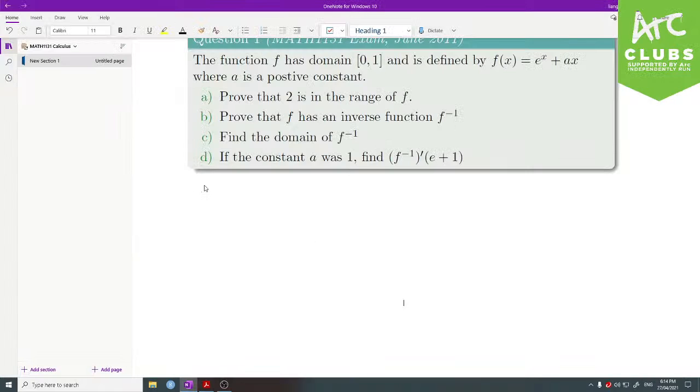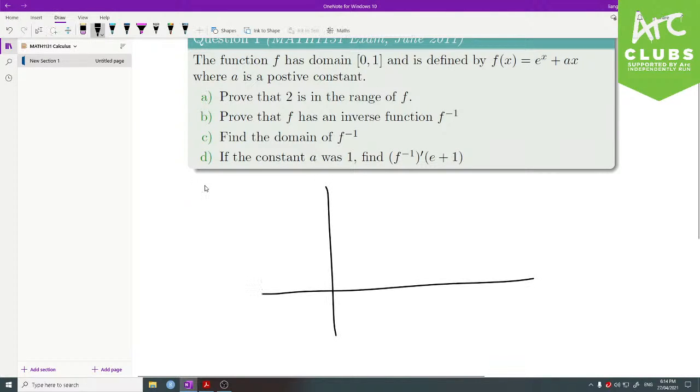Okay, so why is this important? If we have just any sort of function here, let's say the graph looks something like this.